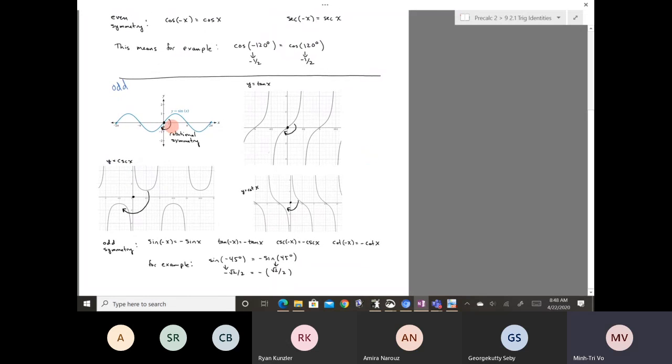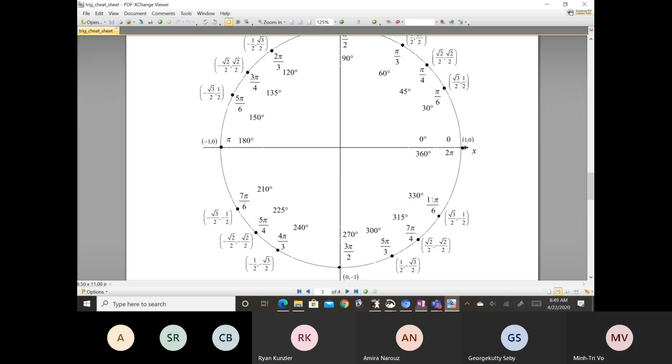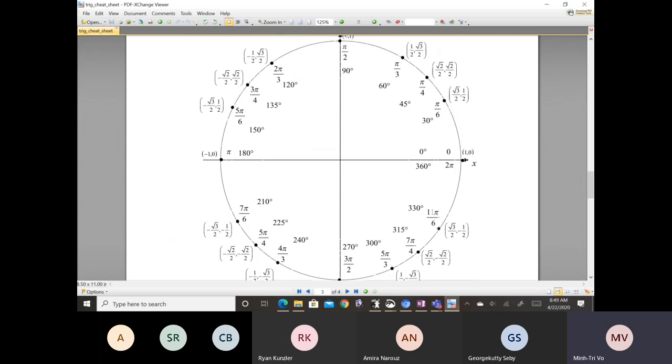And odd symmetry, right? It says that if you calculate the sine of negative 45 degrees, it's the same as taking the positive angle, but then taking the negative of that value. So basically, at least in terms of the unit circle, sine is for the y-coordinate. So again, you're comparing the top half to the bottom half.